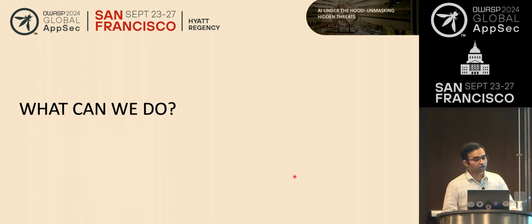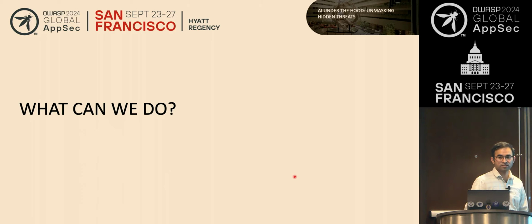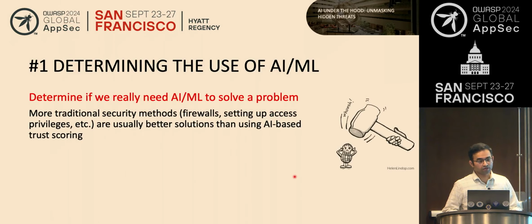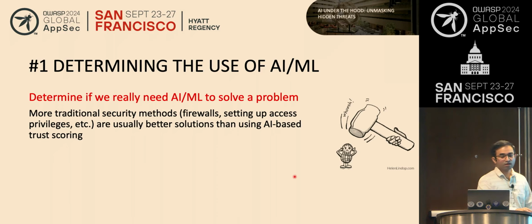Let us see what are some of the generic steps that we can undertake here. The first step would be, first of all, we determine whether an AI or ML solution would be required at all in the first place.